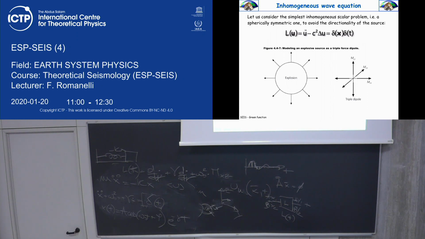Because we don't have directions of a force. As I've shown to you, when you apply a force in one direction, the recordings are different. So we need to explain that, and that part will contain the radiation pattern. In this case, we are not waiting for radiation pattern. We are waiting for isotropic radiation. So it's much more symmetric, much easier, and can be solved just using simple maths.